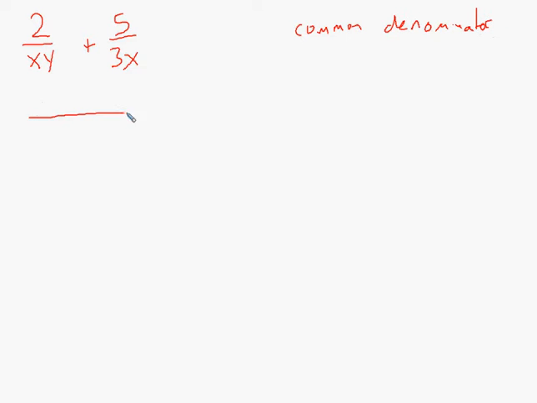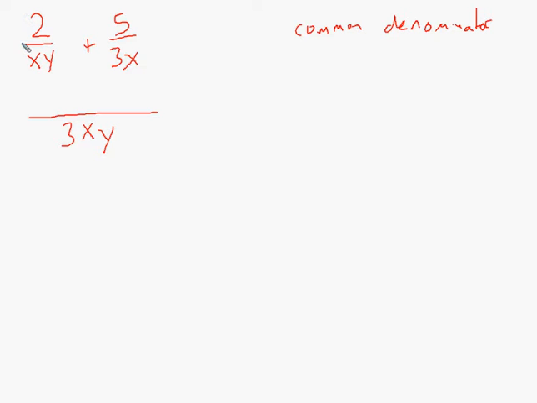I look at this fraction, I see an x, and this fraction also has an x, so x is part of my common denominator. I look at this fraction, I see a y. This one does not have a y, but the other does, so y is also part of my common denominator. And then this fraction has a 3, this one does not, but I still need that 3. So this is my common denominator, 3xy.